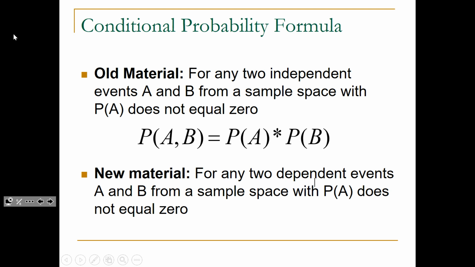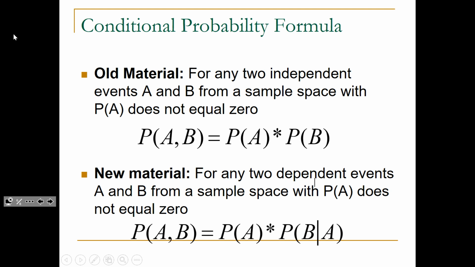That's what we learned back in 10.2. But for what we're talking about today, for any two dependent events A and B from a sample space with probability of A not equal to 0, it is going to be the probability of event A times the probability of event B dependent on A. So again, we look to that second piece first to restrict what B could be. All right, so make sure you have both of these formulas written down there on your paper.